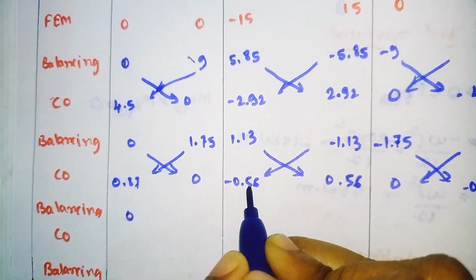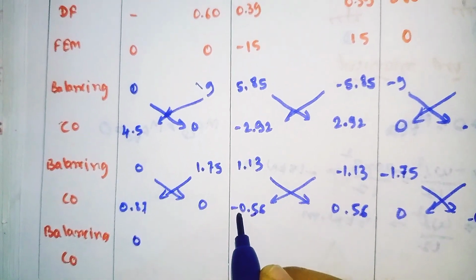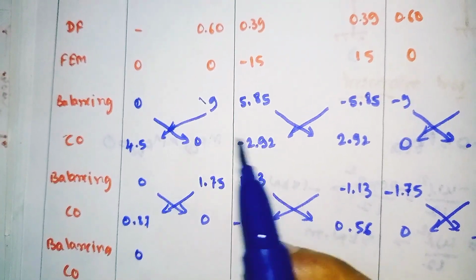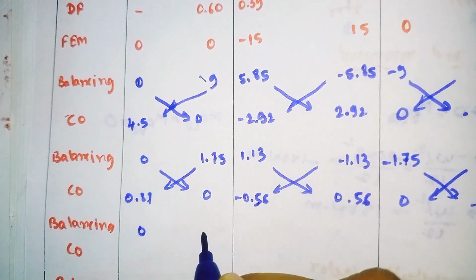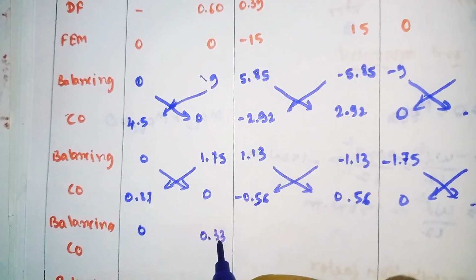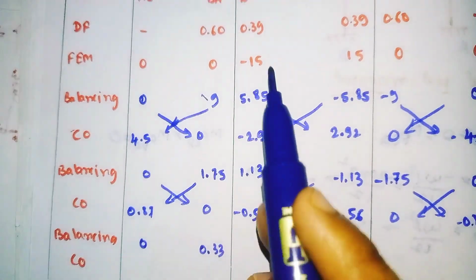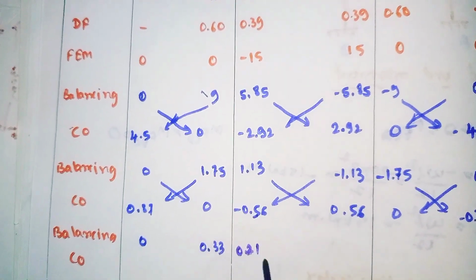So minus 0.56 becomes positive, that is 0.56. Then multiply 0.56 into 0.60, it will come out as 0.33. Here also 0.56 into 0.39, it will come out as 0.21.